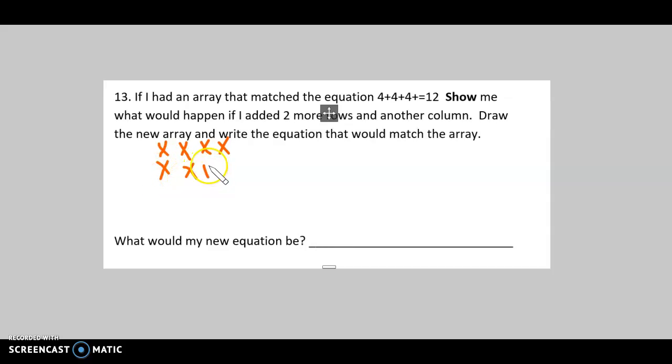So first I'm modeling this array. All right, now it says I have to add 2 more rows. So now that I've written the first array, I'm going to add my 2 more rows. 1, 2, and I'm going to fill those in. 2 more rows of 4.